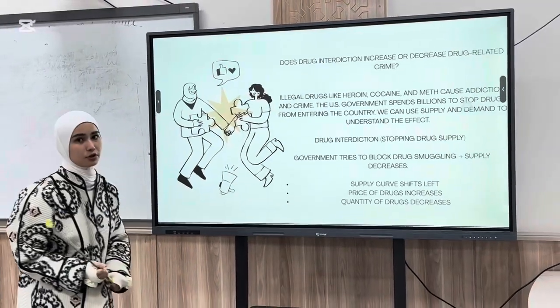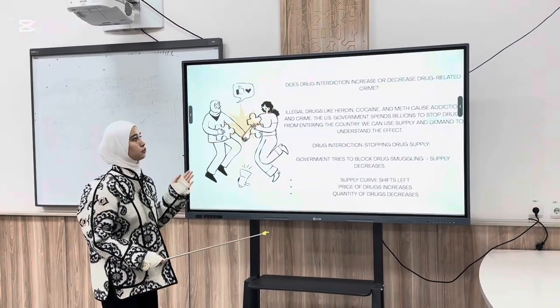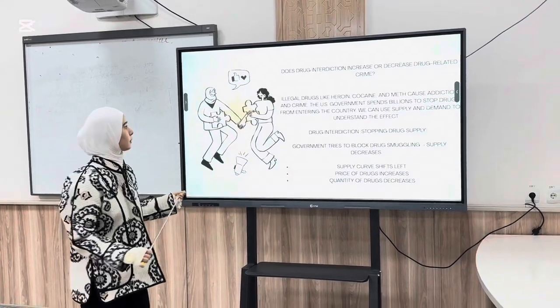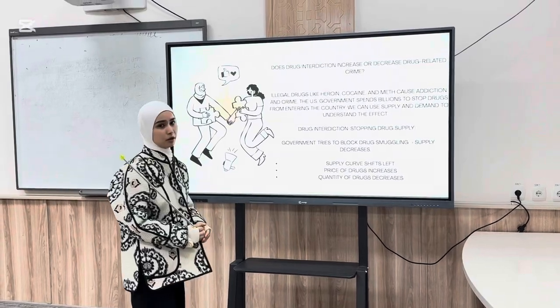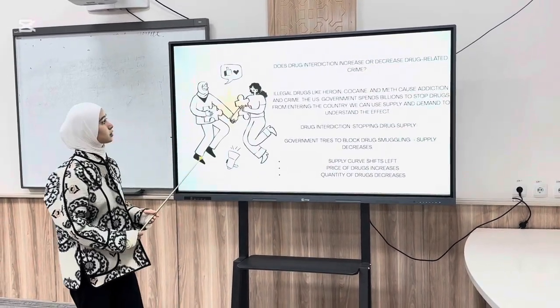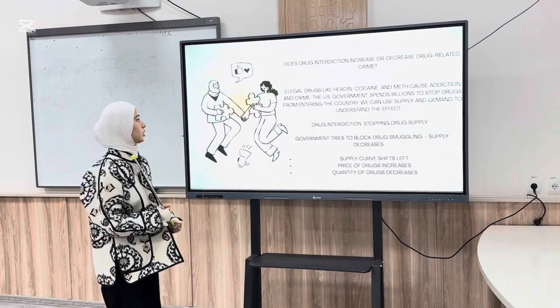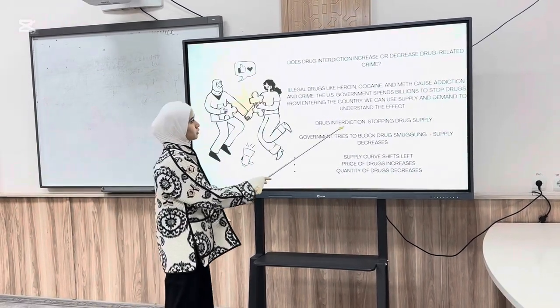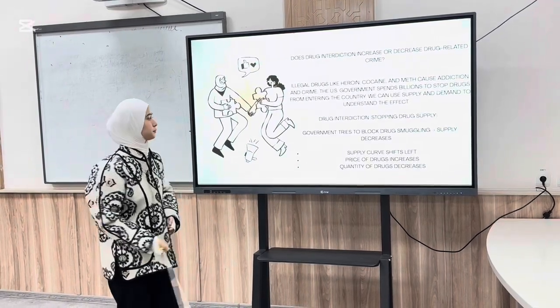And our third example is, does drug interdiction increase or decrease drug-related crimes? Illegal drugs like heroin, cocaine, and meth cause addiction and crime. The US government spends billions to stop drugs from entering the country, and we can use supply and demand to understand the effect.